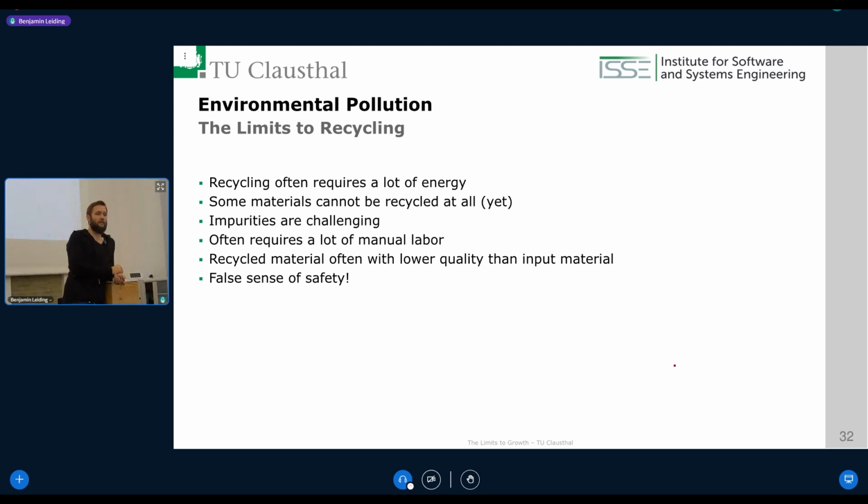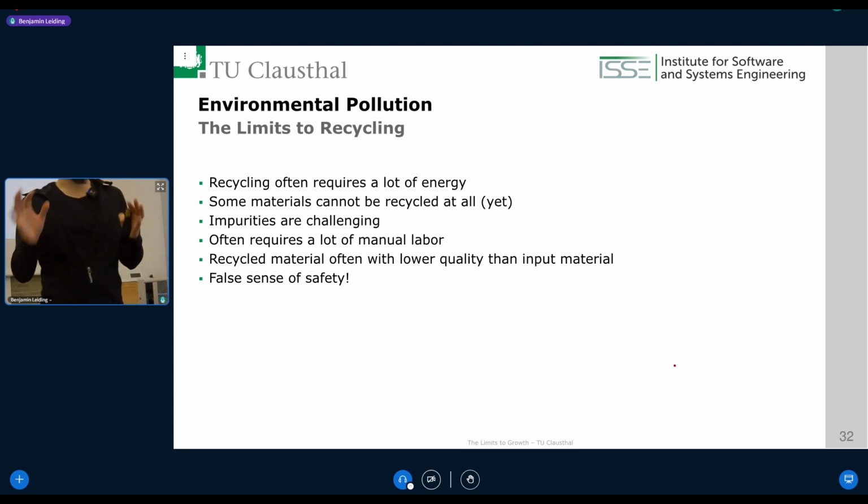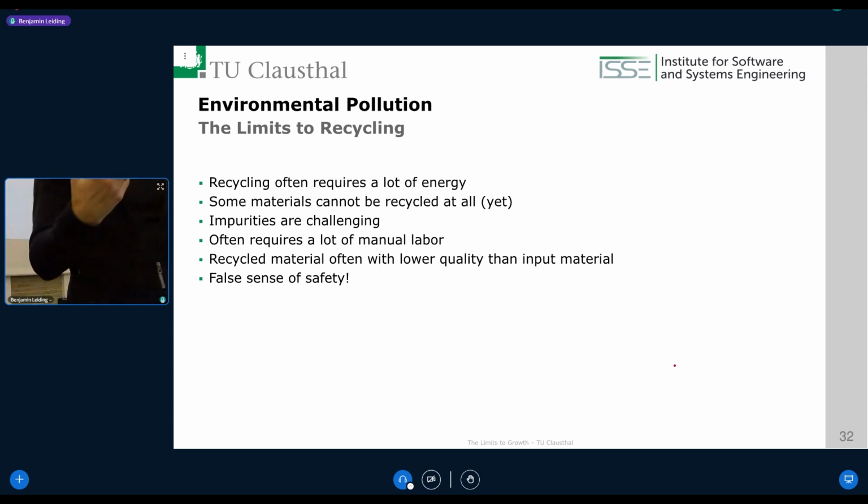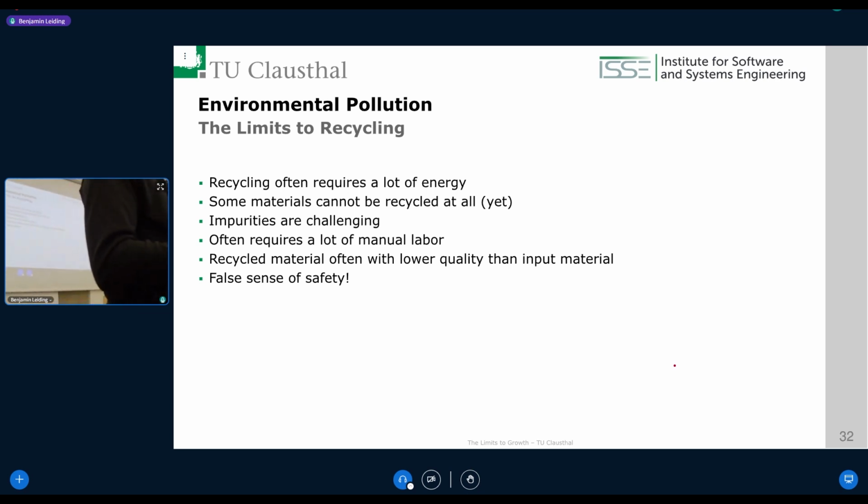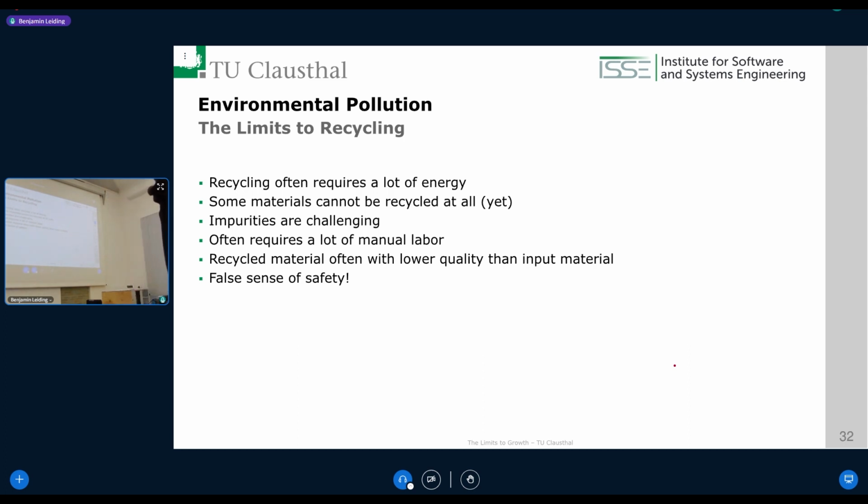And we also talked about this aspect of recycled material often having a lower quality than the initial input material. So there are more reasons that make recycling a challenging topic, but my main point here being, it gives you a false sense of safety. Just because you recycle doesn't mean that this is not having negative effects on society and on our planet.